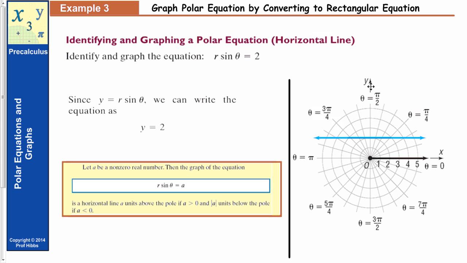So if we looked up here, here's our y-axis, here's our x-axis, and y equal 2 would be 1 unit, 2 units, y equal 2, so here's that horizontal line. And there's just a little summary here about the circumstances when we can recognize that more generally. If we had r sine theta equal a, then of course that's y equal a, and so we would have a particular horizontal line through whatever value a is, the y value of a.